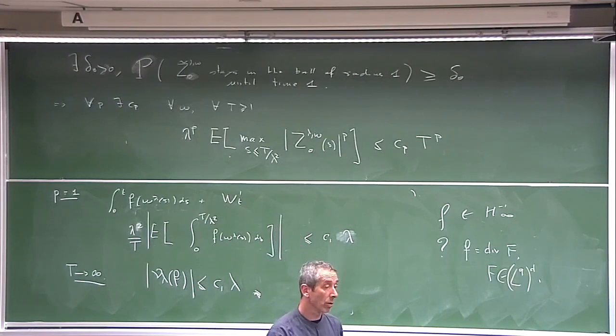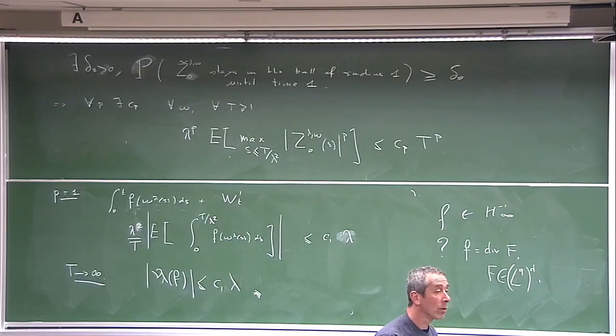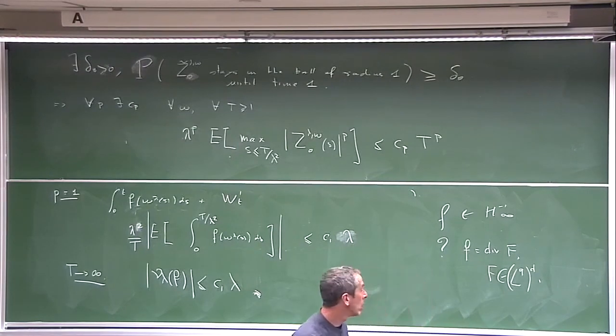Which is also a question you can ask, and I do not know whether it's true or not, even for large Q. But the assumptions about the uniform ellipticity of the coefficients, yes, in fact, this is a statement you can relax. You can very much relax them.